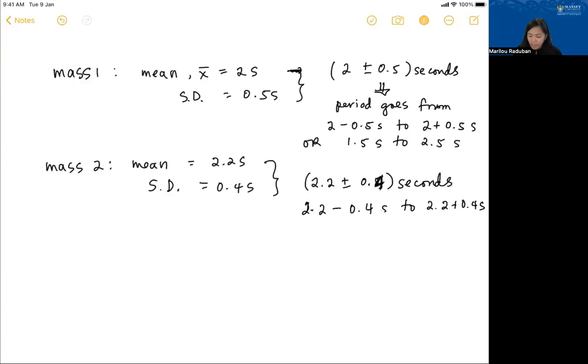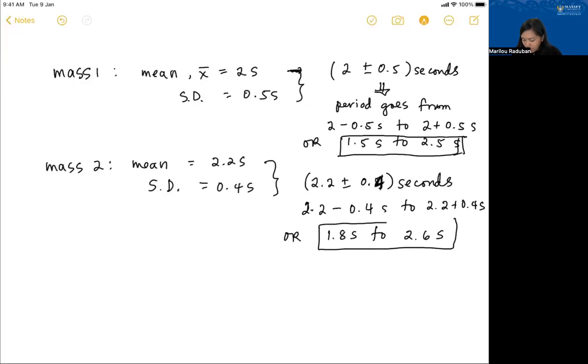And that will give you a range of 1.8 seconds to 2.6 seconds. So that's essentially what the standard deviation and the mean mean. That's why you want to get the mean and the standard deviation: to determine the range of the periods given the experiment and the parameters that you chose.